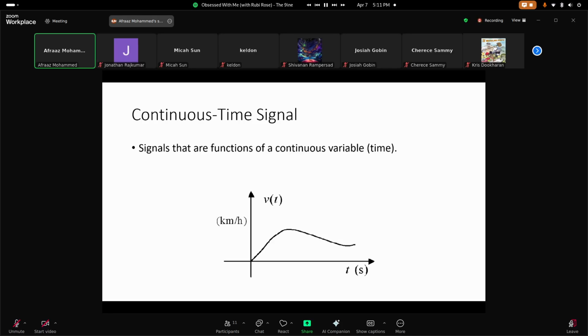So in this one here, we have velocity and time, right? Then if we have a sine wave, that's a function of time. So those are generally continuous time signals, right?